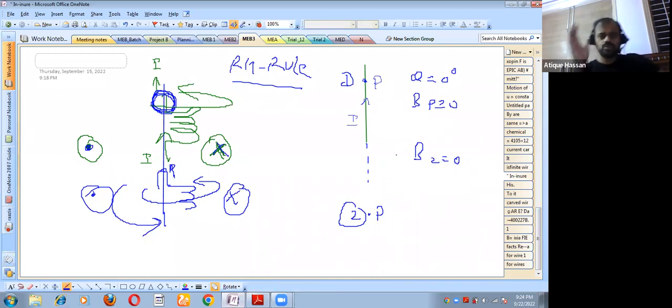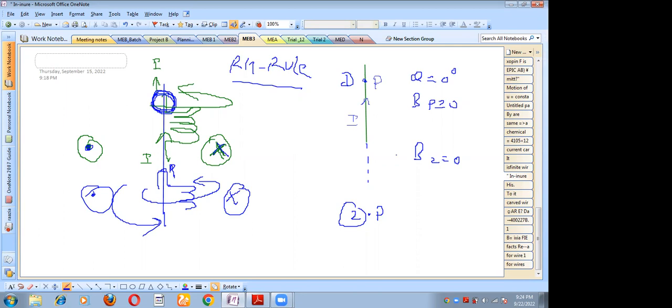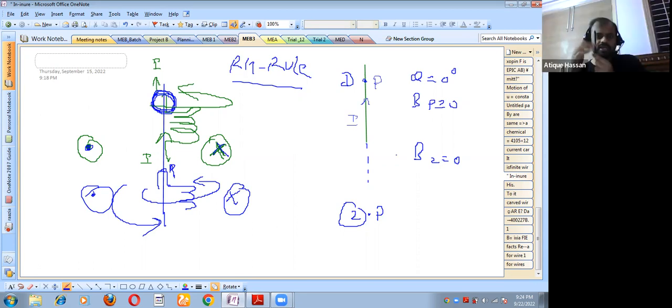Can you see my hand? Yes, sir. Suppose this is the current carrying wire, and the current is going in the upward direction, like this. You place your thumb along the current carrying wire and curl your fingers like this.